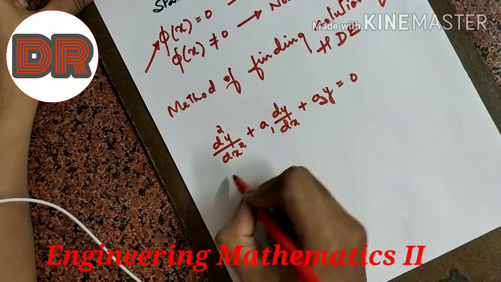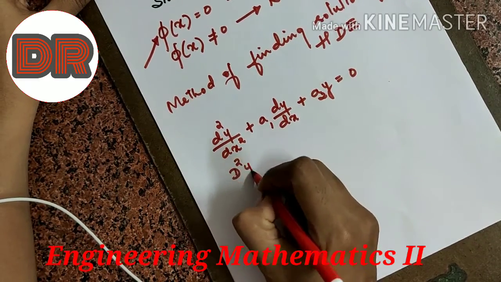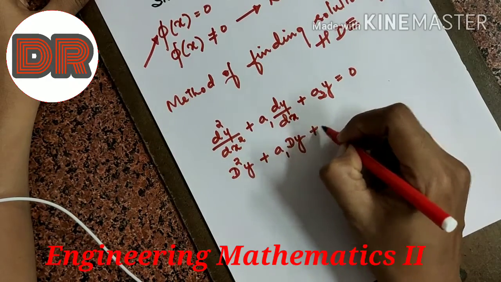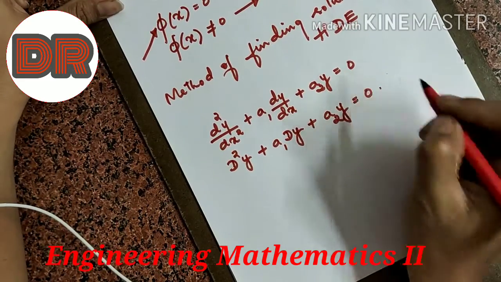Now in terms of differential operator, the same differential equation can be written as d square y plus a1 dy plus a2y is equal to 0.